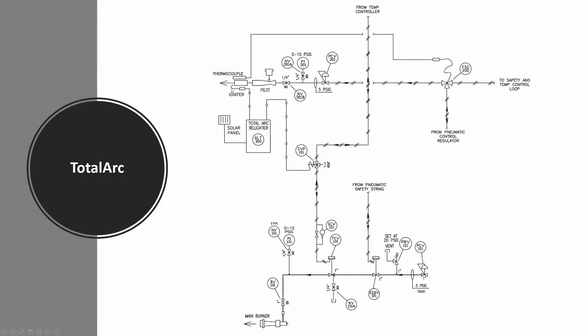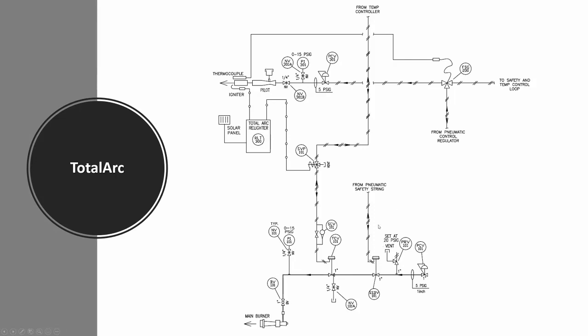Once the pilot is lit, it'll take a few seconds for this thermocouple to warm up and to hold in place. As that thermocouple is holding the pilot flame on, it will provide gas to the pneumatic safety control loop, which will then provide gas to the safety shutdown valve.